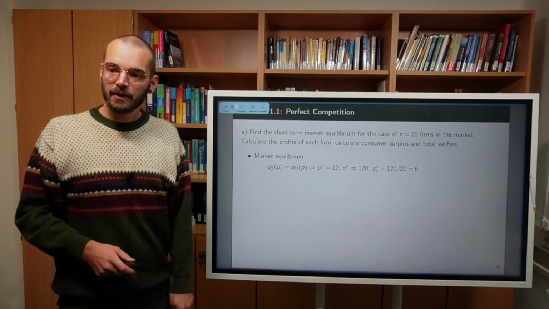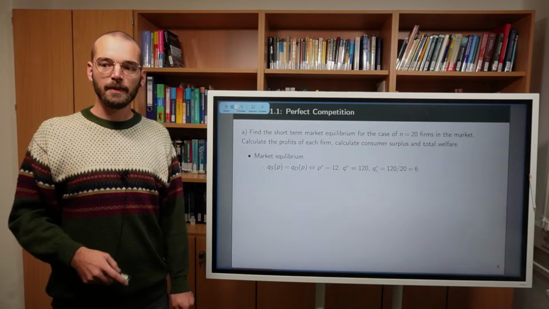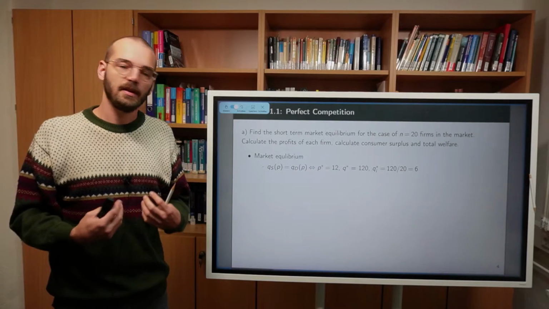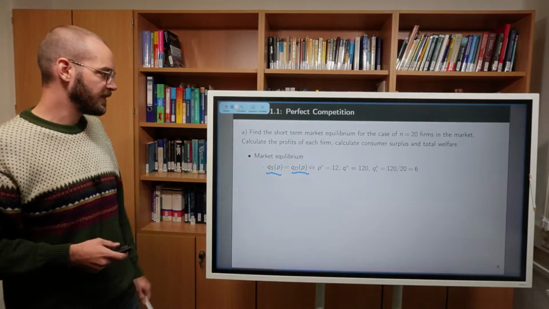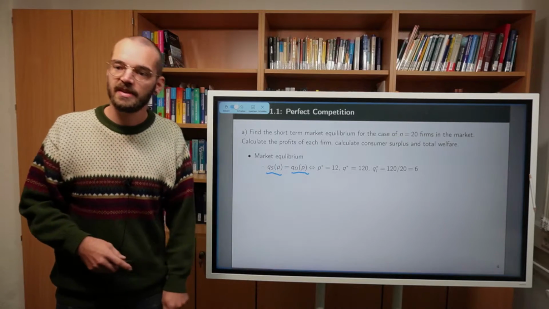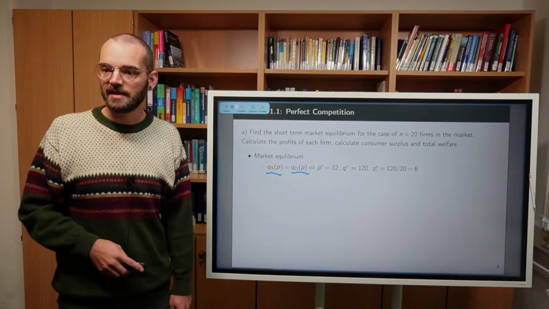In the next step, we want to find the market equilibrium. And in order to find the market equilibrium, we simply have to find the intersection of the supply function and the demand function, right? Now, we identified the supply function just on the previous slide. The demand function was even given in the text of the assignment, right?